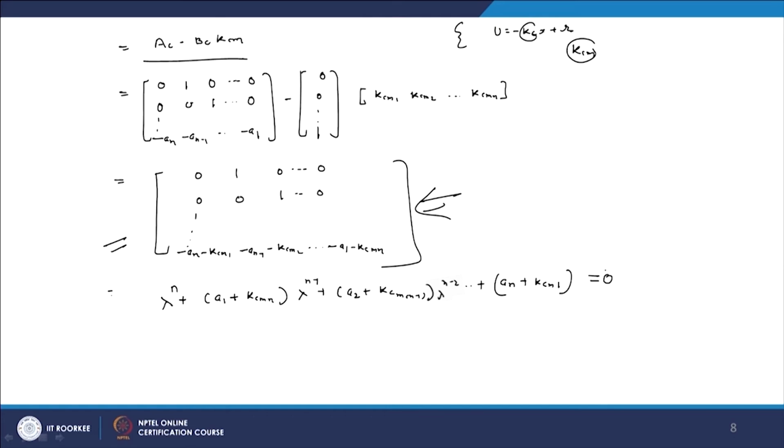So after doing the transformation we got AC, BC, KCM, and this equation we have solved and written as the characteristic equation in comparison form.